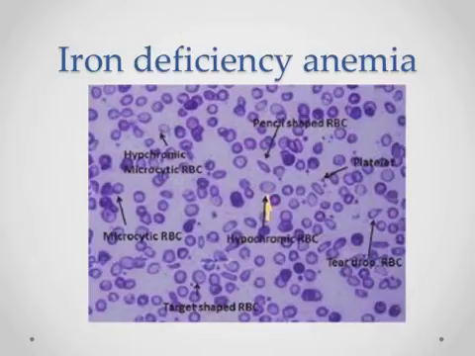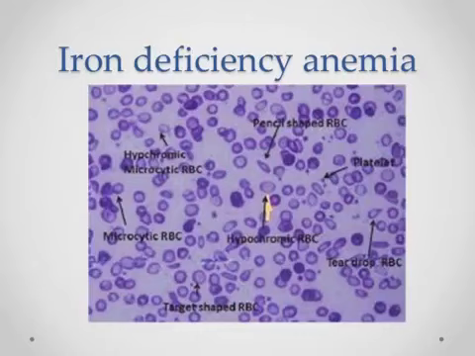Regarding the CBC, this patient will have anemia with microcytosis and hypochromia of the red blood cells. If you read the indices of red blood cells, you will find a decrease in the MCV and MCH, and an increase in the RDW, which is the red cell distribution width.